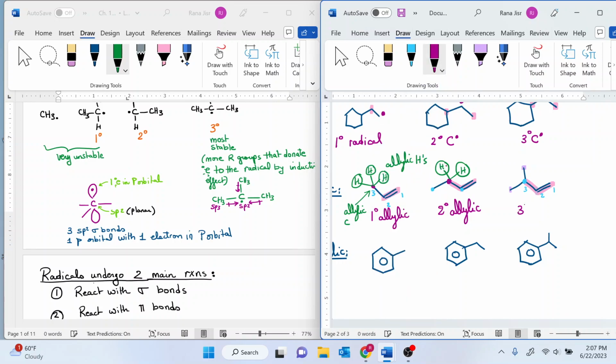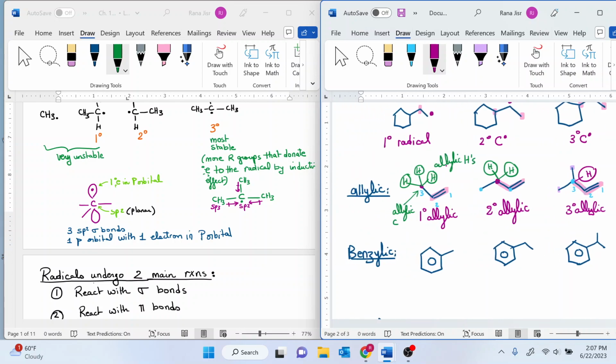And that tertiary allylic will have 1 allylic hydrogen. Now, when you lose any of these allylic hydrogens, you're going to end up having a radical. So let's say, for example, I lost one of these hydrogens in there. Then I'm going to end up getting a radical. Then the radical is going to be a primary allylic radical.